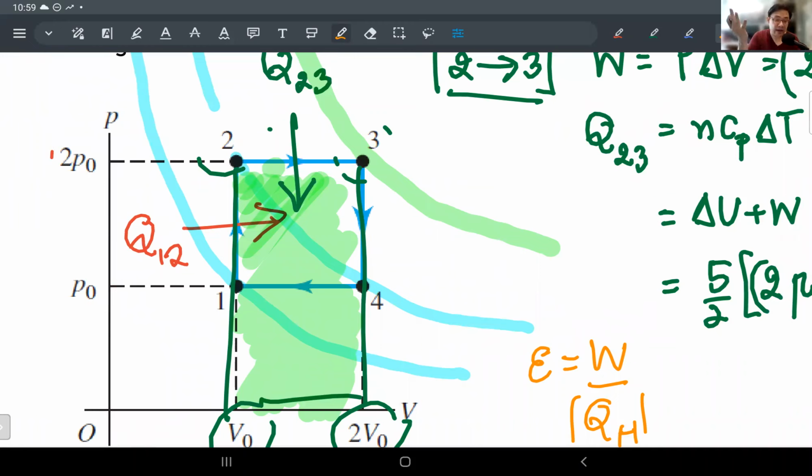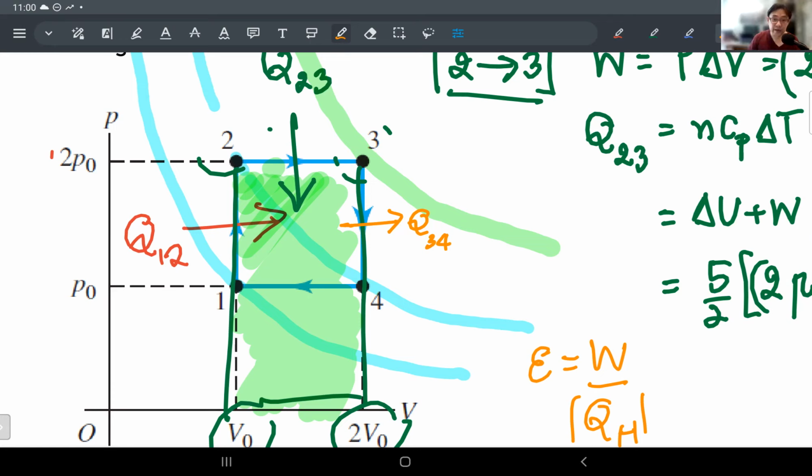Of course, heat flows in, temperature rises, no big deal. 3 to 4 is just a reverse of that. So I can guess without any calculation that in 3 to 4, the heat will be leaving the system. But of course, the amounts will probably be different. But the point is there will be heat flowing out from the system during 3 to 4 because it's a reverse process from 1 to 2. 1 to 2 is up, 3 to 4 is down.